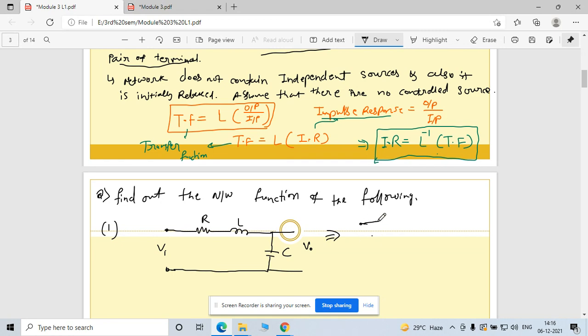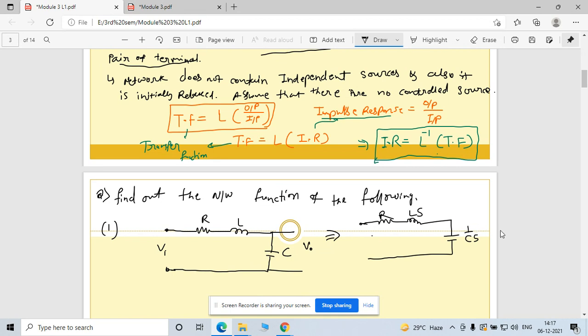First of all, convert this into the S domain. While converting to S domain, we already know L becomes LS, and C becomes 1 by CS, right?